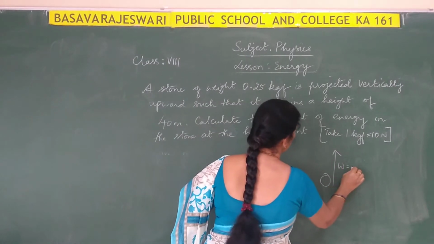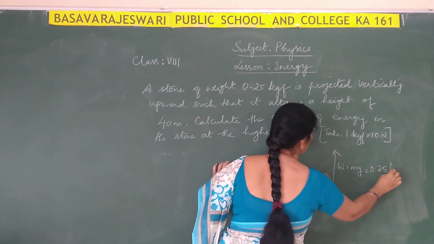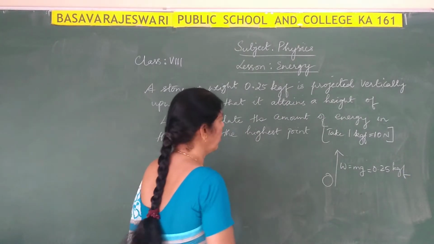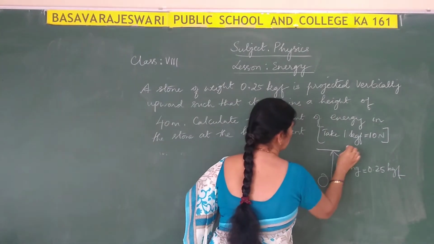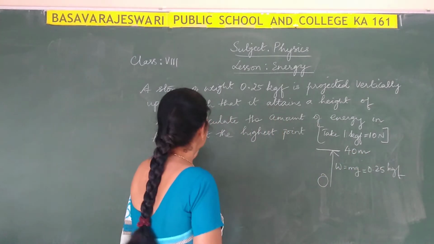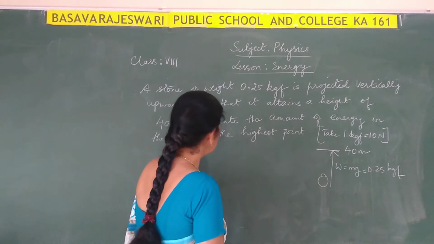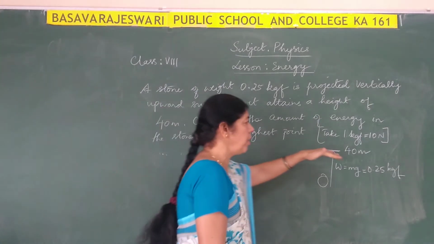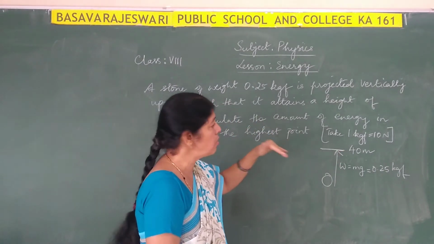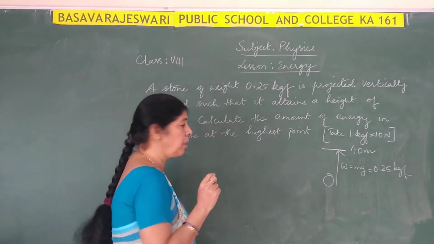Weight is mg, which is 0.25 kg. It attains a height of 40 meters. So at what height will the stone be? Finally, 40 meters. We have to calculate the amount of energy in the stone at the highest point. So at 40 meters, the energy stored in the stone must be calculated. Now, we are given 1 kg is equal to 10 Newton.